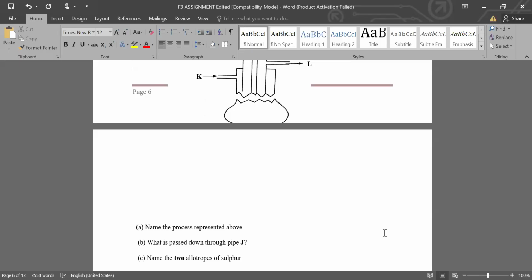And as I said, you are doing correction, you are marking your work. That is the purpose of this lesson, to ensure that the assignment that you have done is marked, and we keep on marking.